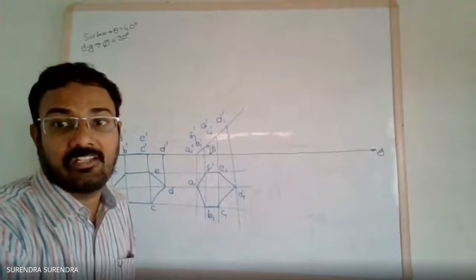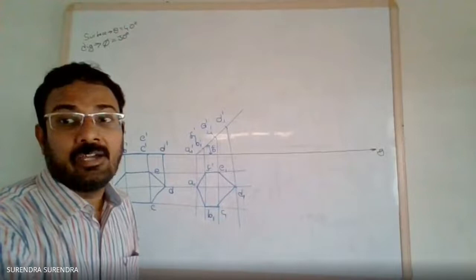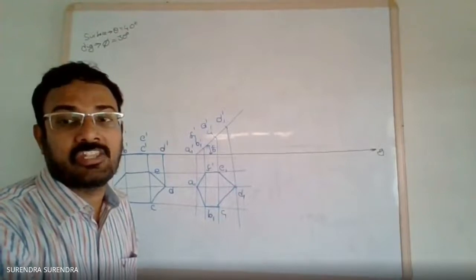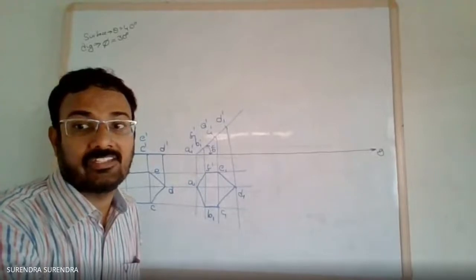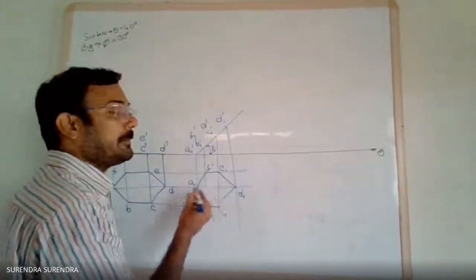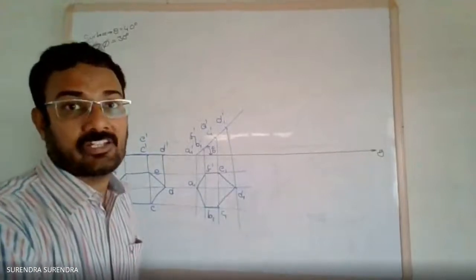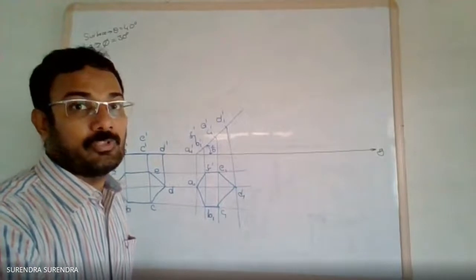Read the statement clearly. The top view of the diagonal passing through the corner on which it is resting makes an angle of 30 degrees with XY. So the top view of the diagonal AD must be inclined at 30 degrees to XY in top view.